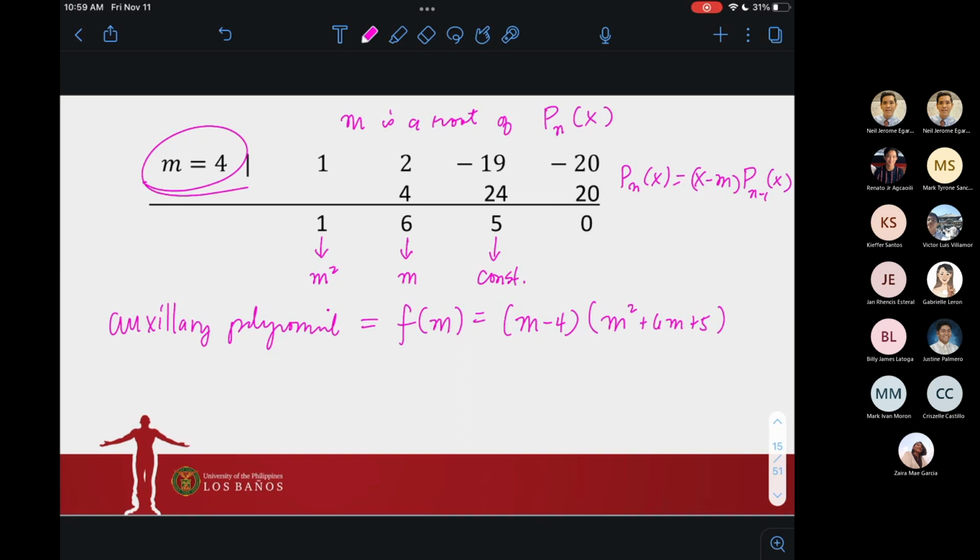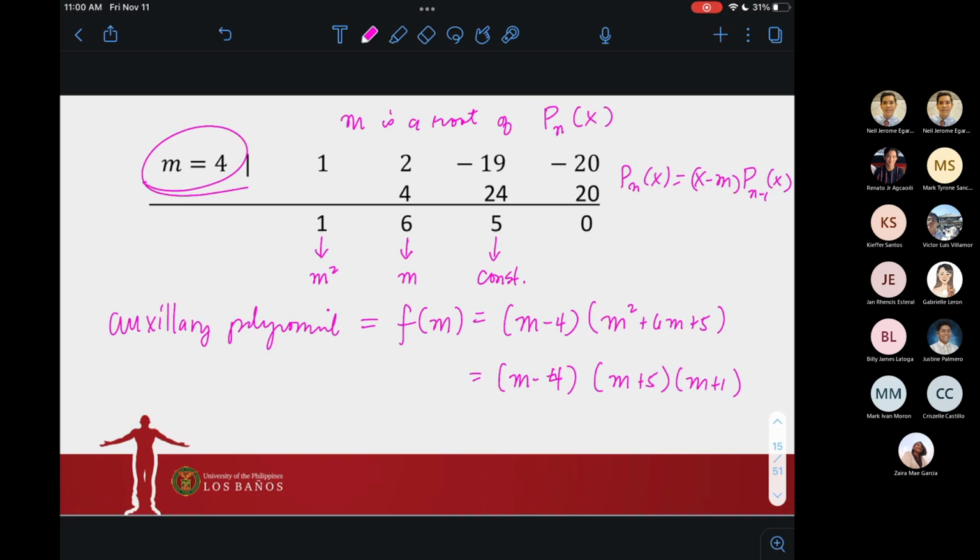And lucky for us, m squared plus 6m plus 5 is quadratic, so we can easily factor it or apply the quadratic formula. So now we get f of m equals m minus 4 times m plus 5 times m plus 1. So what do we see here? Meron tayong tatlong roots at lahat sila ay distinct at real, right? At wala nang ibang roots kasi cubic yung ating auxiliary polynomial.